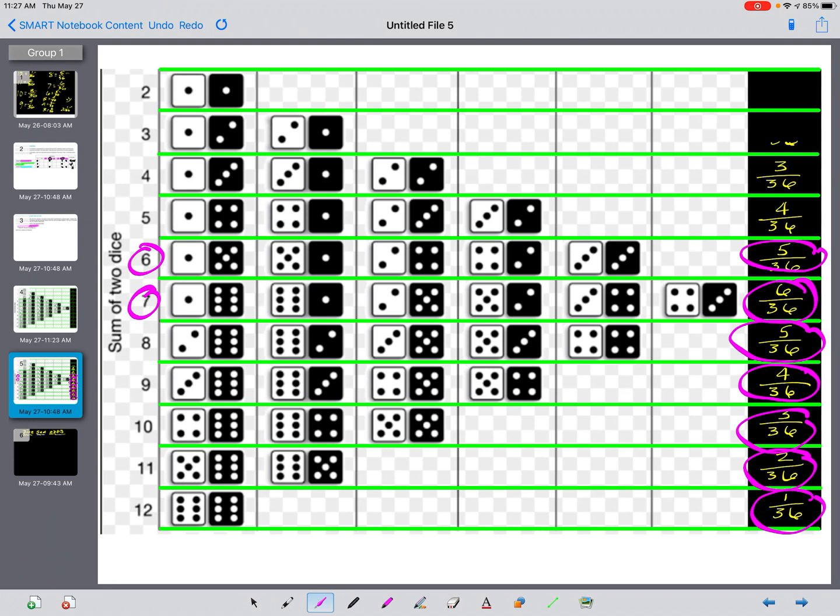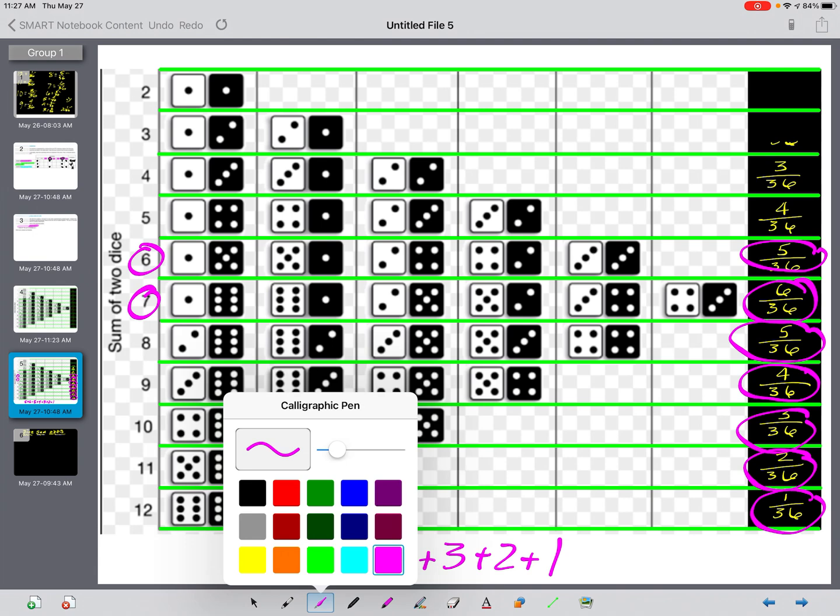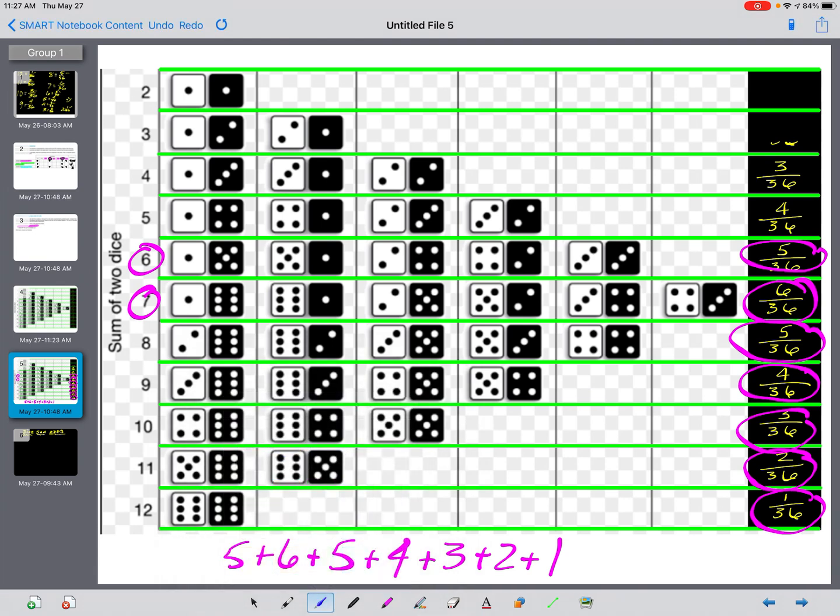So just add all those numerators up. Notice I already made all those denominators nice and tidy for you. So we would do 5 plus 6 plus 5 plus 4 plus 3 plus 2 plus 1. So add all those up. So let's see, there's 11, 16, 23, 25, 26.